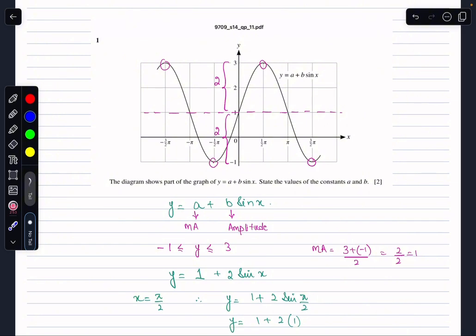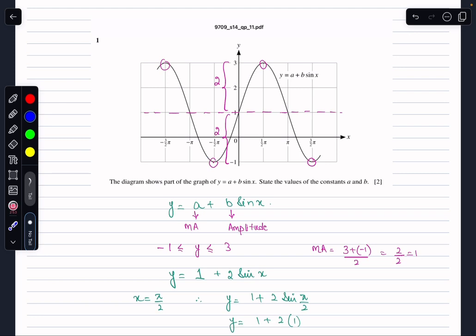So I'm again repeating, the constant in the equation is actually the mid-axis. So we got the mid-axis with respect to the maximum and the minimum values on the graph. Maximum value was 3, minimum value negative 1. So I took the mid value for both of them to get the mid-axis value.